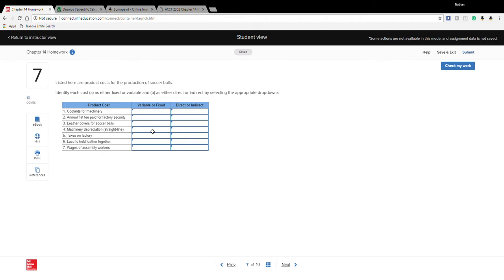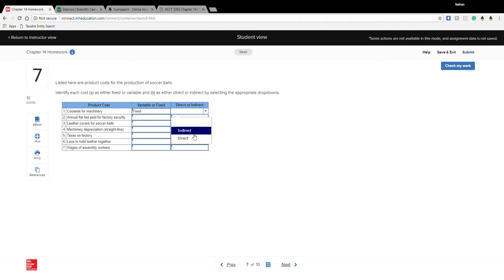So starting off, coolants for machinery is going to be a fixed. It is fixed mostly because coolants, we only buy so many coolants, probably keep it like that, and basically machines only take so much coolant, so we're not going to run out of coolant until the machine uses it.